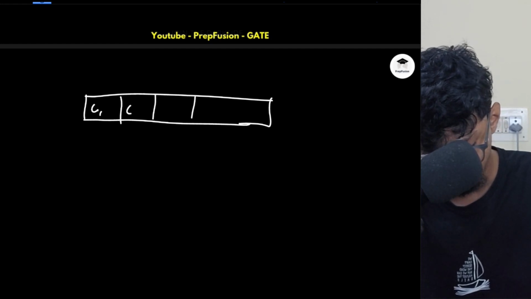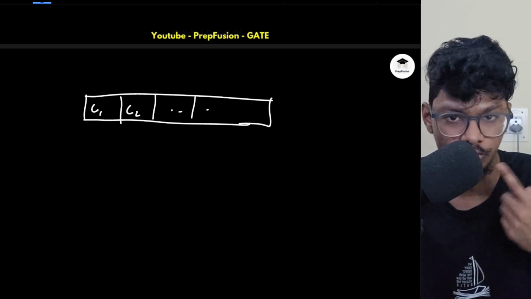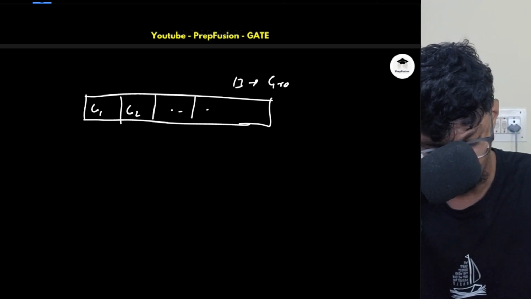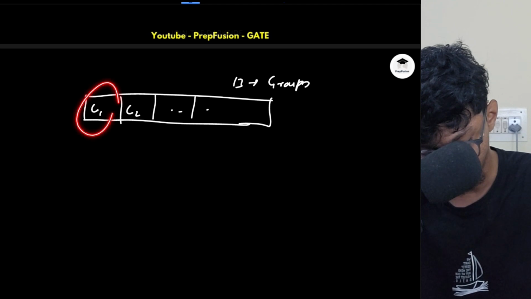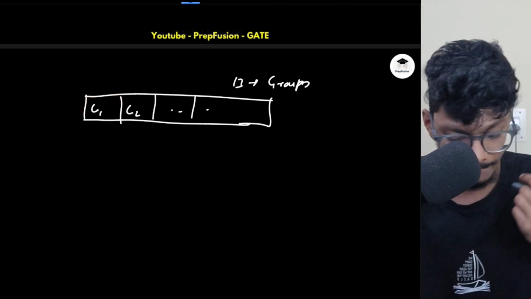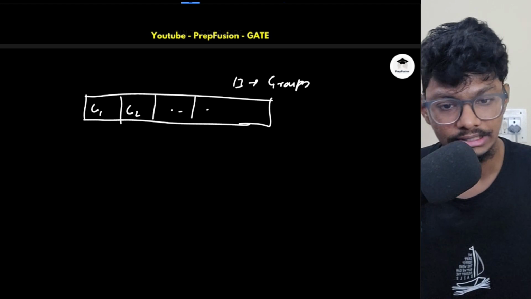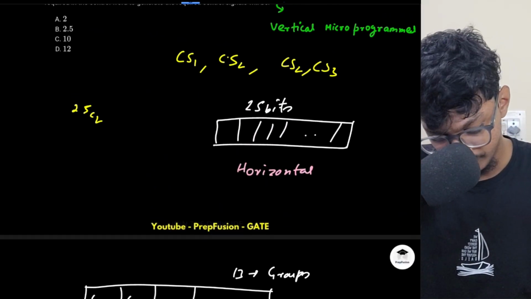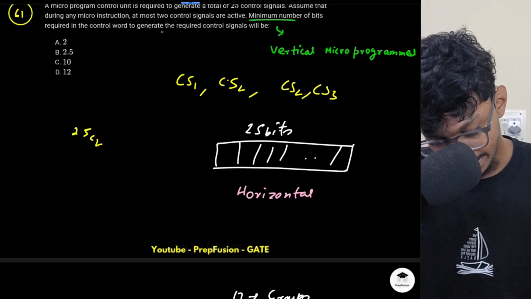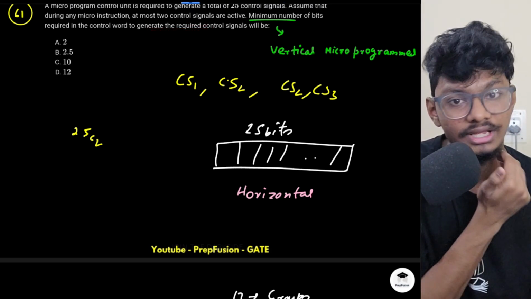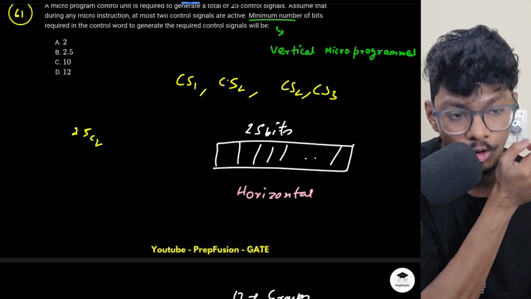G1, G2, and total we have 25 signals, so I can make a total of 13 groups, and I assume that if one is on, the other one will be off. But the problem with this approach is that I don't know which are mutually exclusive, because they have told me that at most two control signals will be on, but which control signals together? They have not mentioned the combination.